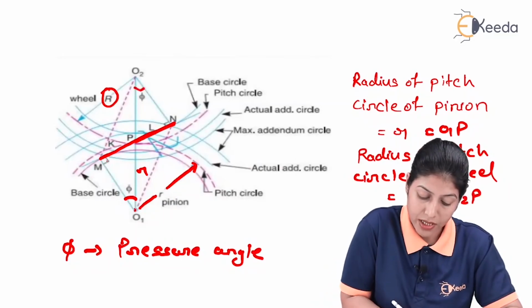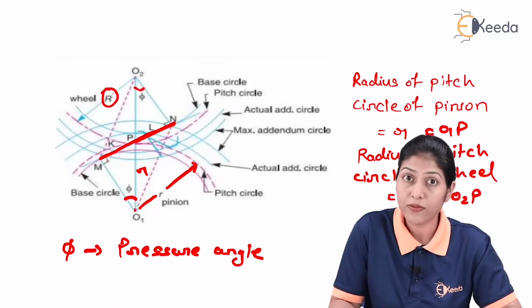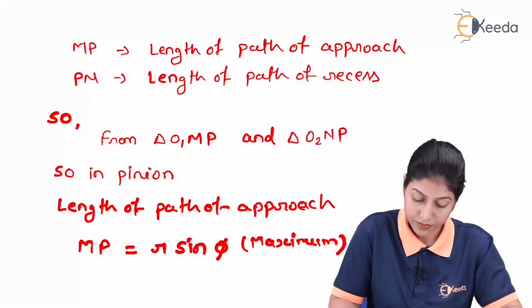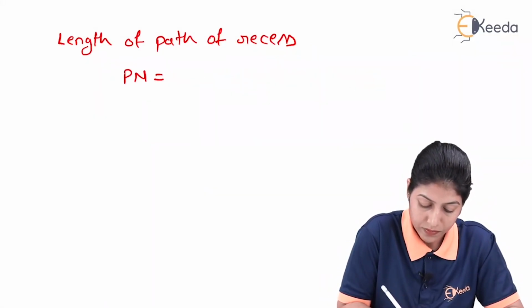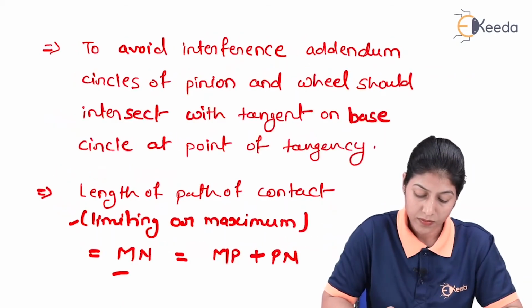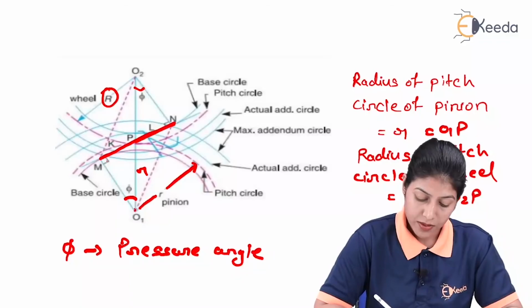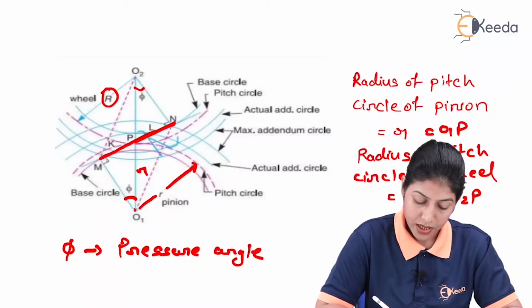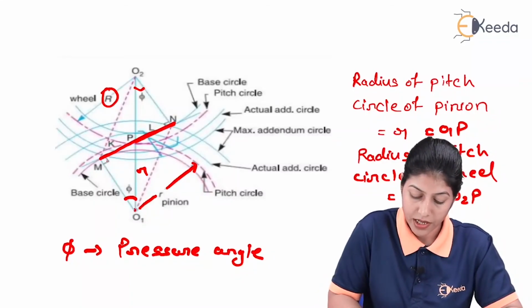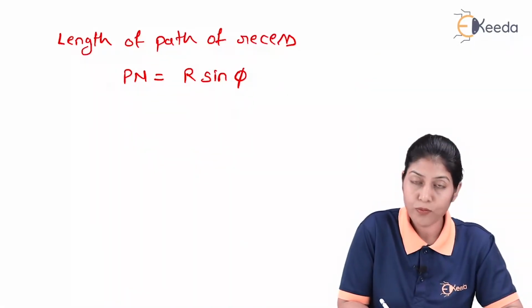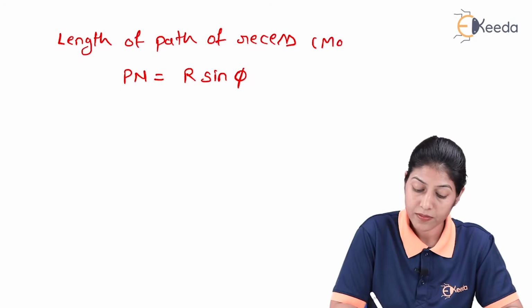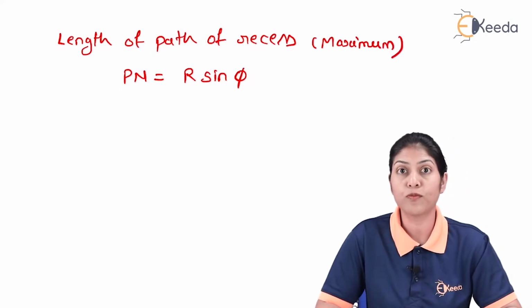So PN will be O2P sine phi, that is, R sine phi. So this is the maximum length of path of recess.